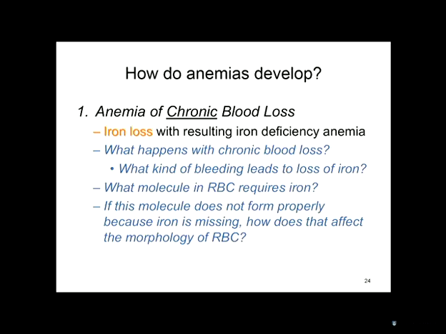Anything else? How about polyps of the colon? Anybody remember what kinds of polyps there are in the colon sometimes? Hyperplastic, and then the one that is precancerous? Adenoma, right, okay. Adenomatous polyps, which are benign, but eventually become malignant.